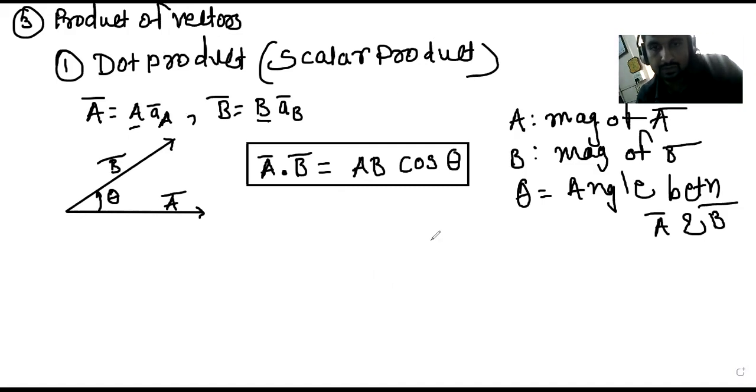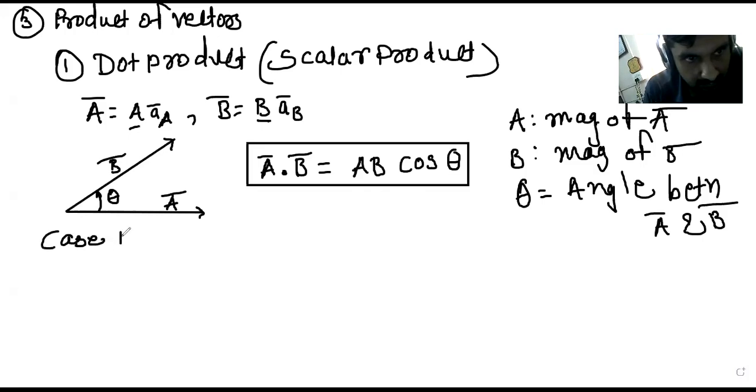Now we are going to study some different properties of the scalar product. To understand these properties, we have to see different cases.